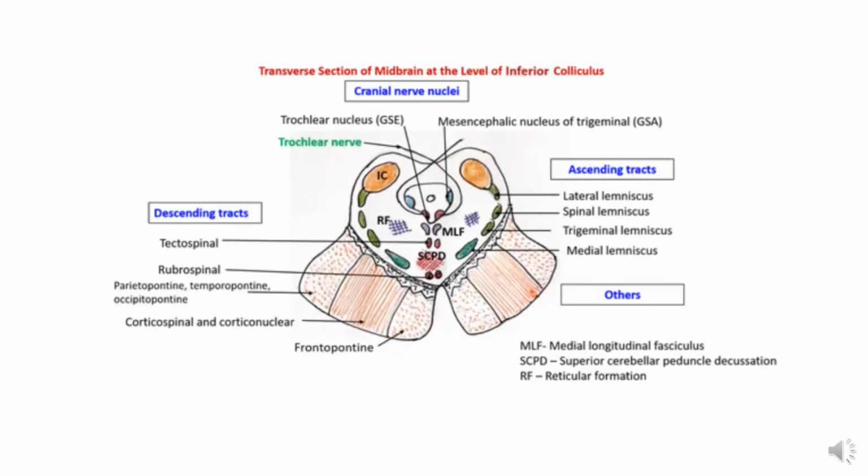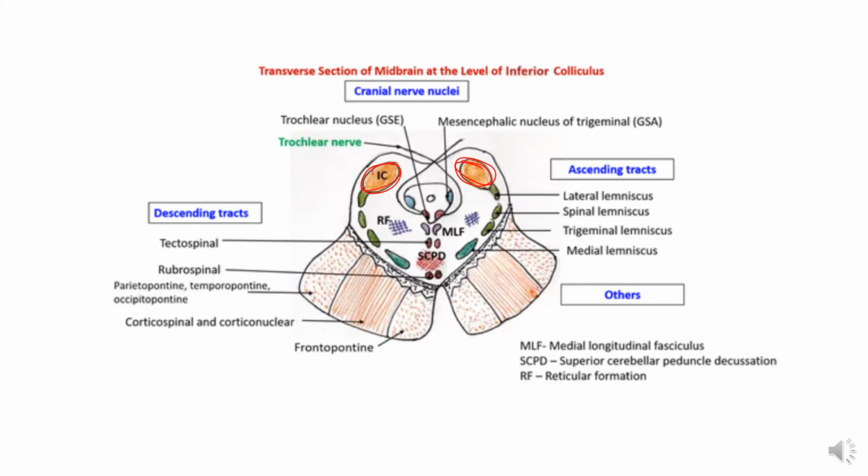The midbrain is studied at two levels. First, the transverse section at the level of the inferior colliculus. The inferior colliculus consists of a large nucleus of gray matter, lies beneath the corresponding surface elevation, and forms part of the auditory pathway. So these are the two inferior colliculi.